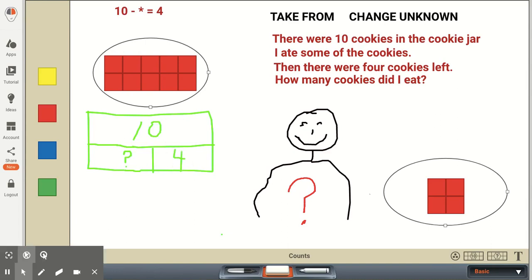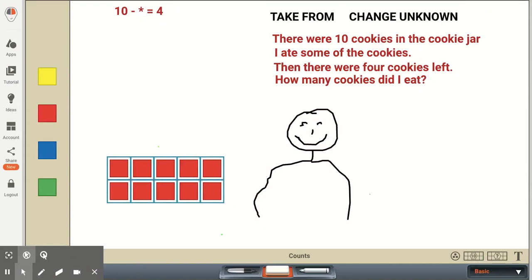A first grader may know their make 10 strategy and may know that 6 plus 4 is equal to 10. Therefore, 6 is the change. Or they may use a subtraction strategy where they're going to subtract 4 from 10 to get the 6. Or they may count up from 4 until they get to 10 to get their answer of 6.